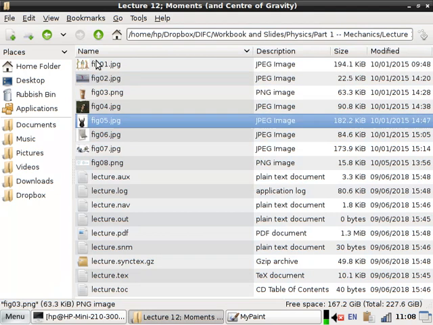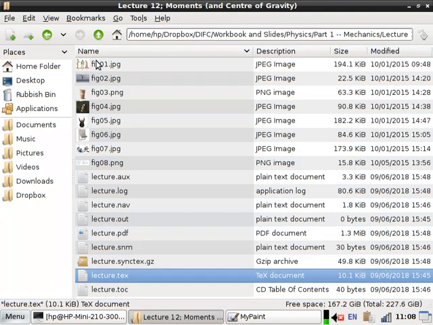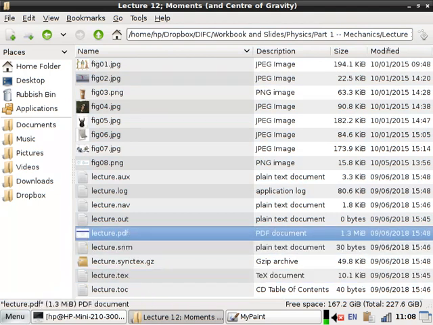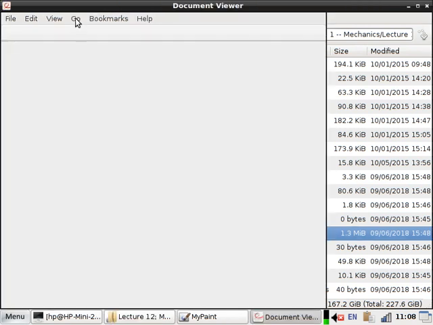Okay. There we go. Moment and center of gravity. You can write this down.